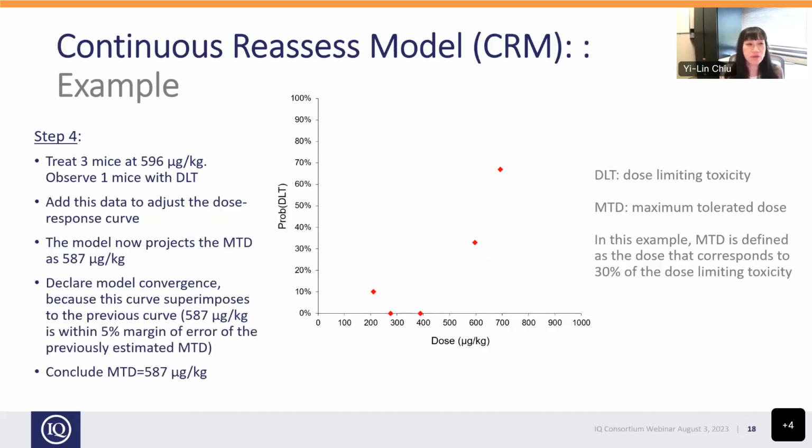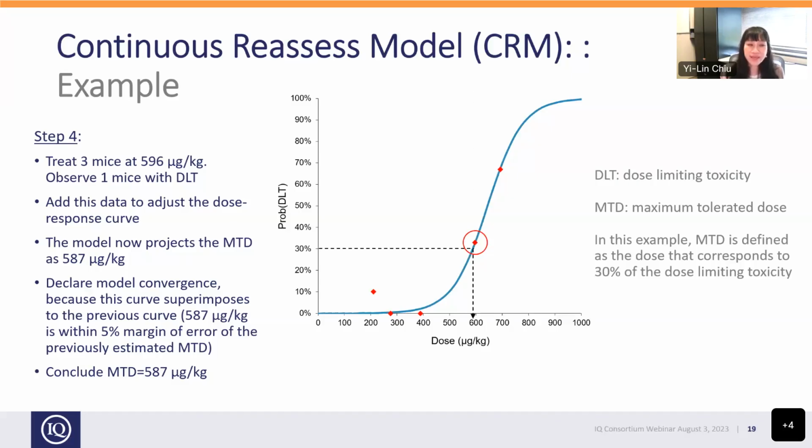Then step 4, since that dose is what we have identified from the previous step as the maximum tolerated dose, we treat an additional 3 mice at that dose level. Then we see 1 out of 3 with dose limiting toxicity. So we plot that on the graph and fit the model. The model now projects the MTD as 587.